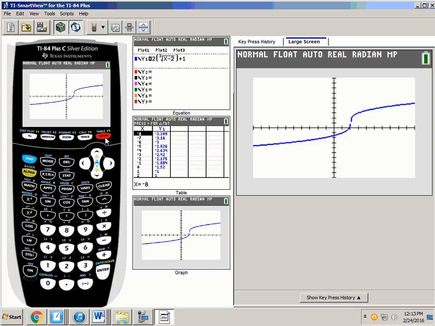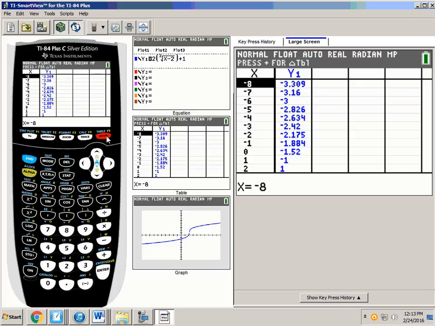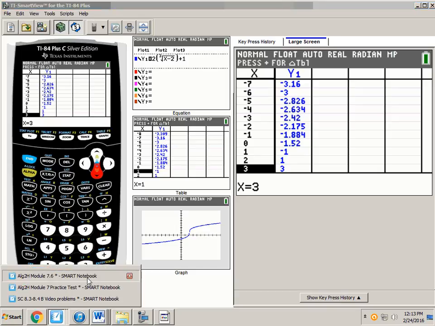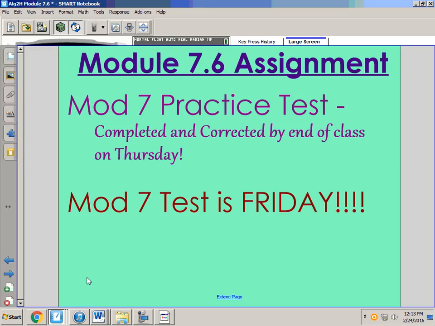So to get some other values, you can push second table, which is the graph button. And let's find some nice pretty points. So I'm seeing -6, -3, 1, -1. I'm going to get those down before I forget them. -6, -3.